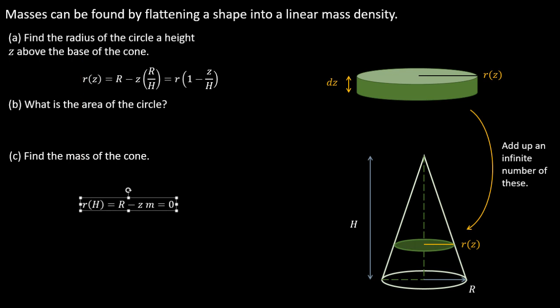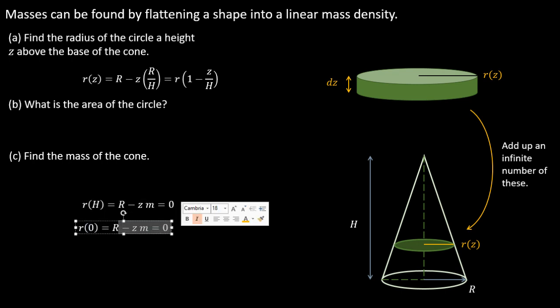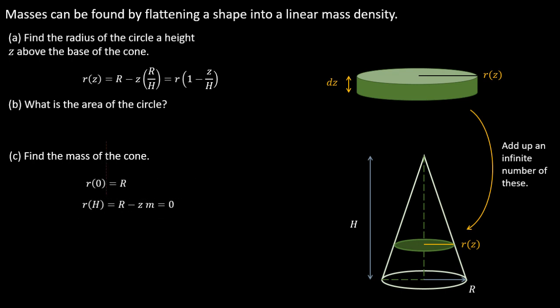So we know that r of 0 is the radius of this entire thing. So that's where the big R comes from, right? That's what we started talking about at the very beginning. The base of this thing has a radius R, so that's what we start with. And we also said at the tip we have a radius 0, we have an area 0.